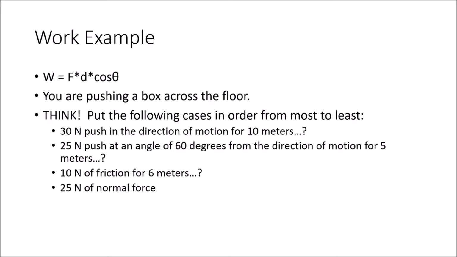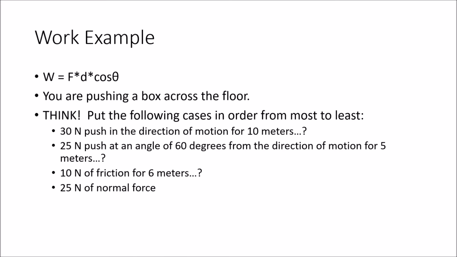What about 10 newtons of friction for 6 meters? Now this is where it gets more interesting. 10 newtons, okay, that's the force. 6 meters, okay, that's the displacement. But what is the angle between the direction of the friction and the direction of the motion? Yeah, 180 degrees.